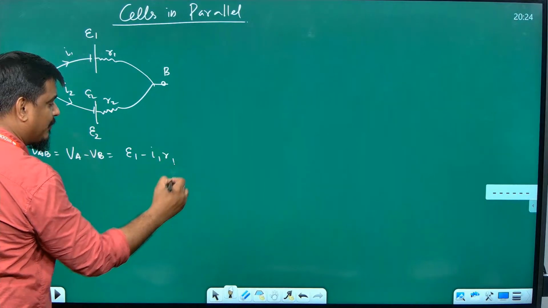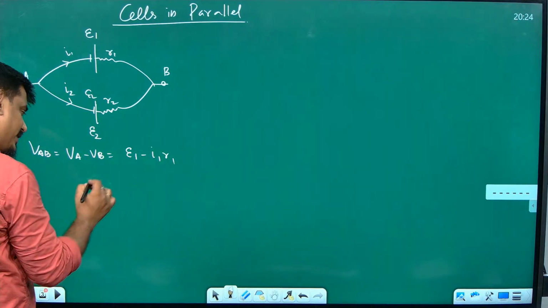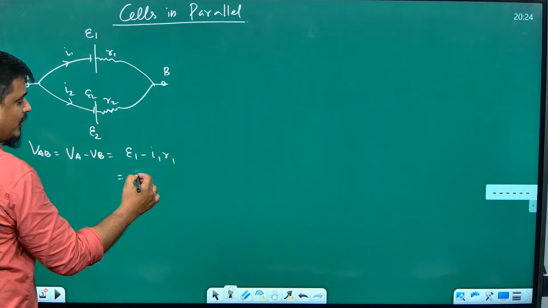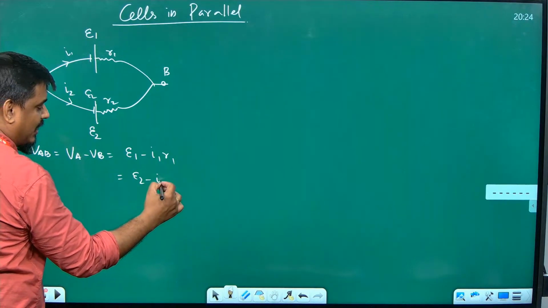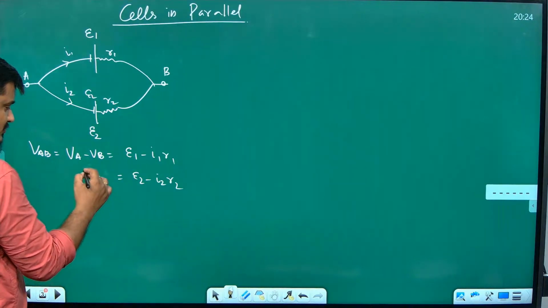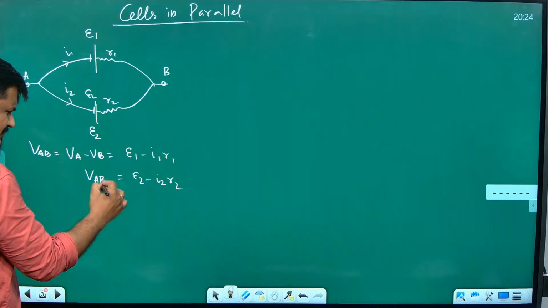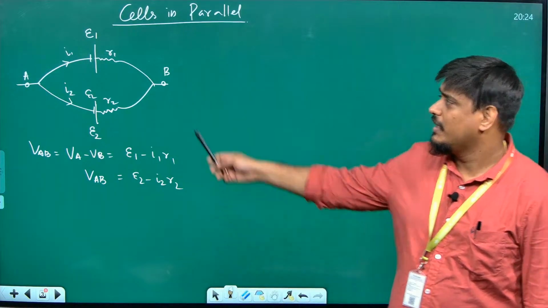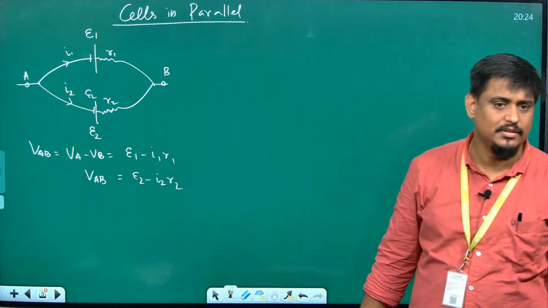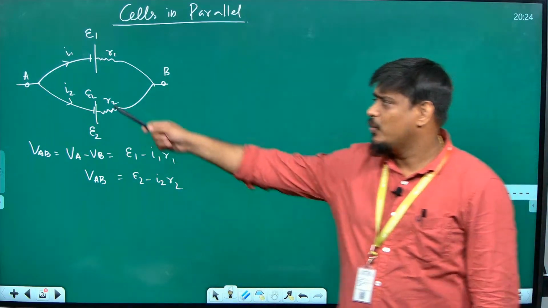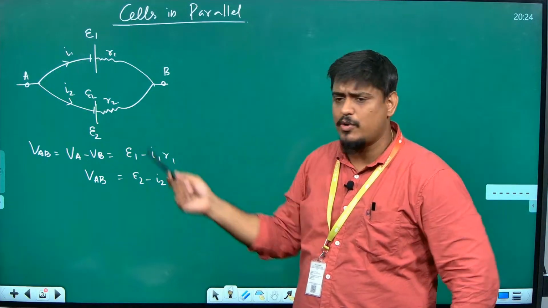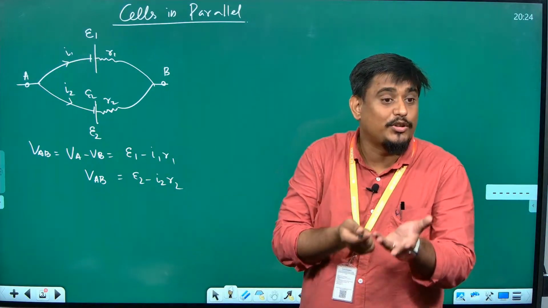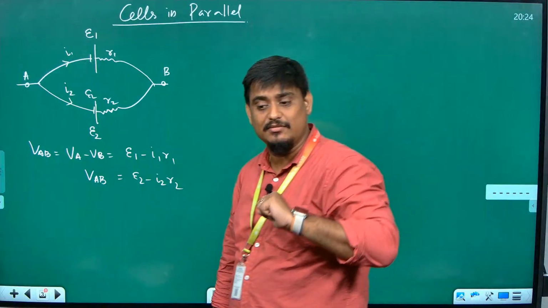If somebody is saying VAB is also equal to E2 minus I2 R2, are they wrong? If somebody says VAB is equal to E1 minus I1 R1, and another person says VAB is equal to E2 minus I2 R2, they both are correct because potential is the same for parallel connection.